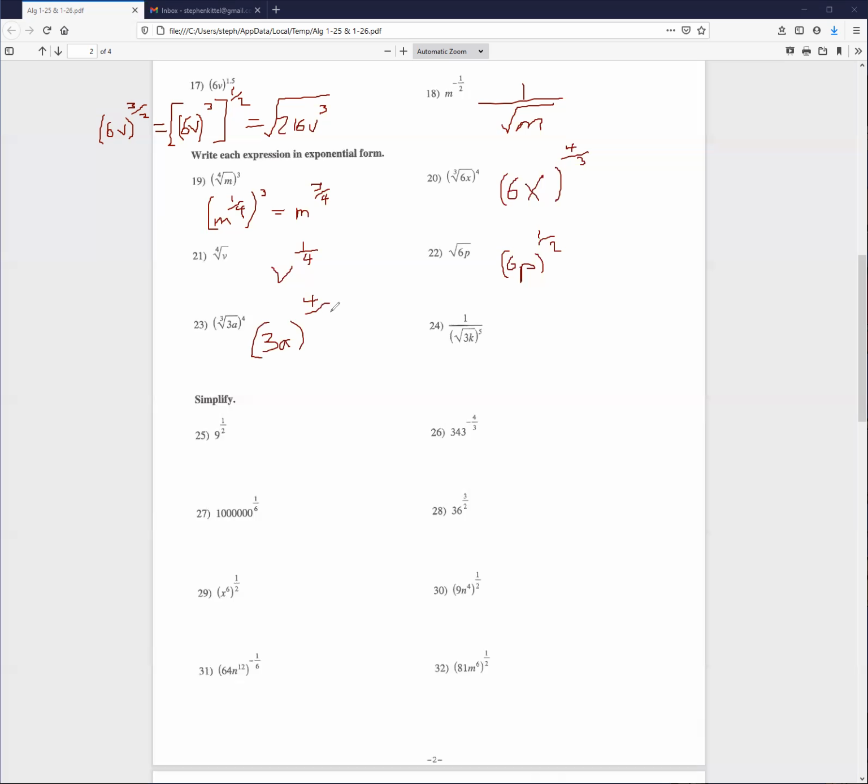If you're not comfortable doing it in one step, and I'm not assuming you will be, then break it down the way I did number 19. And number 24, we got to break it down, and we got to remember it's in the bottom of an exponent. So we've got 3k to the 1/2 to the 5th, and then because it's on the bottom, it's to the negative 1st.